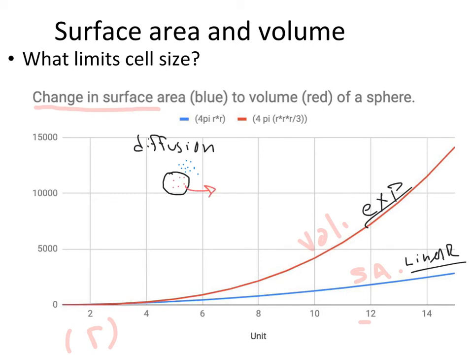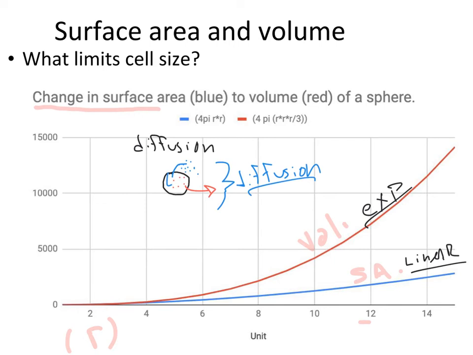Carbon dioxide is going to be going out, O2 is going to be going in. The mechanism for this is diffusion. Since the cell relies on diffusion in order to have that happen, it's essential that cells remain small.